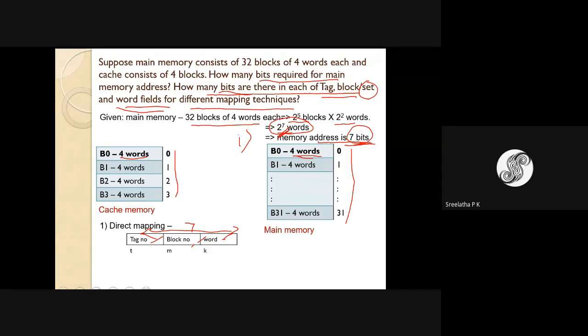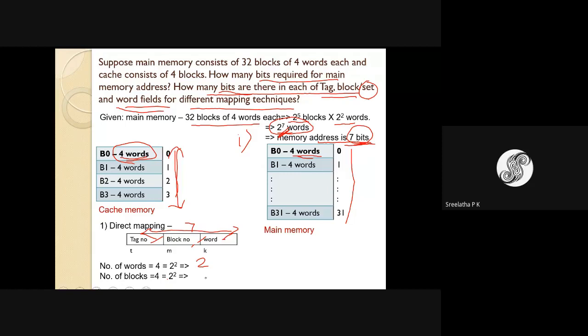Now, how many bits are required for the word? There are 4 words in each block. 4 is nothing but 2 power 2, so 2 bits are required for representing the word. Next, number of blocks. How many blocks in cache memory? There are 4 blocks in cache memory. 4 is nothing but 2 power 2.